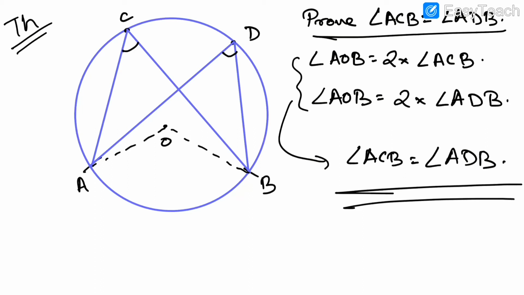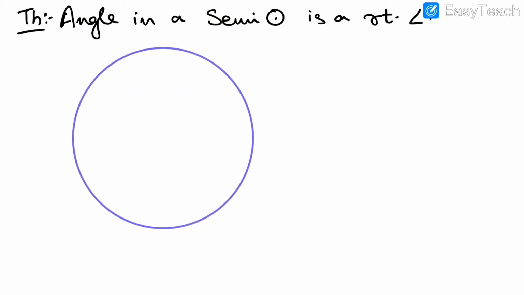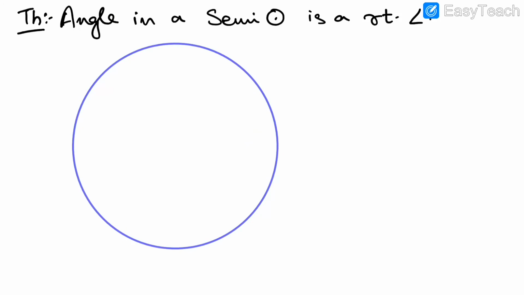Okay, so another theorem which is related to it, but we state it separately, is that the angle in a semicircle has a right angle, which means it is one of the special cases of the first theorem that we learned.